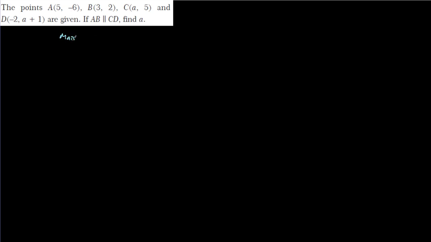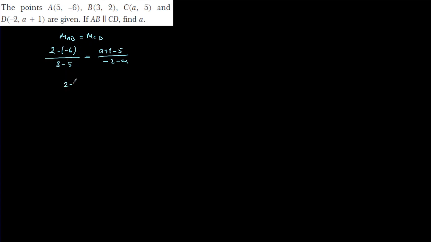MAB should be equal to MCD, which is 2 minus 6 divided by 3 minus 5, equal to a plus 2 minus 5 divided by minus 2 minus a, and 2 minus minus 6 is going to be 2 plus 6.